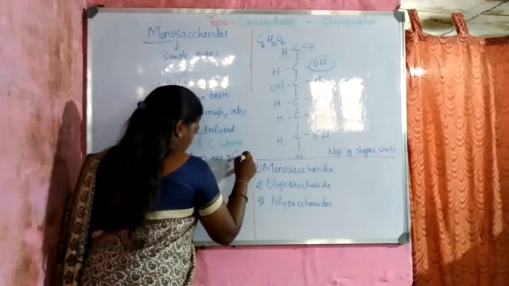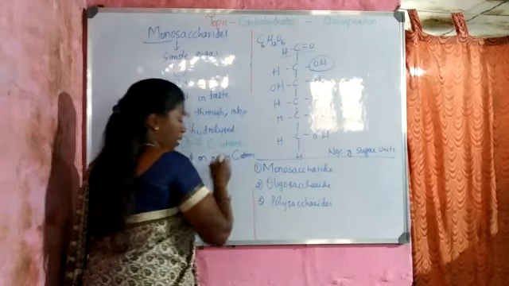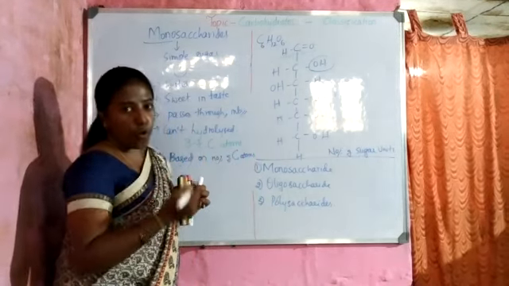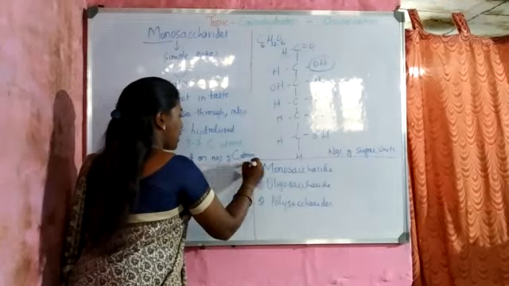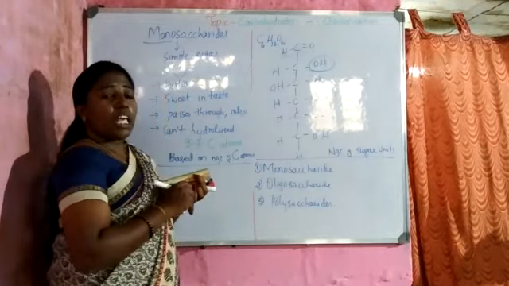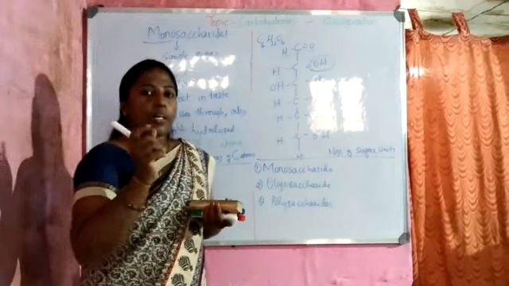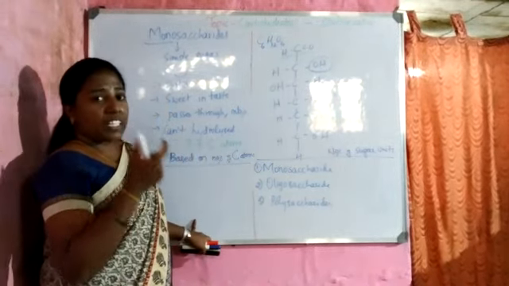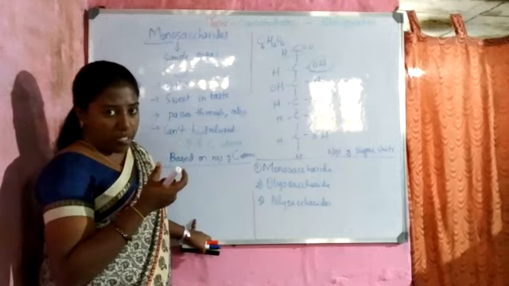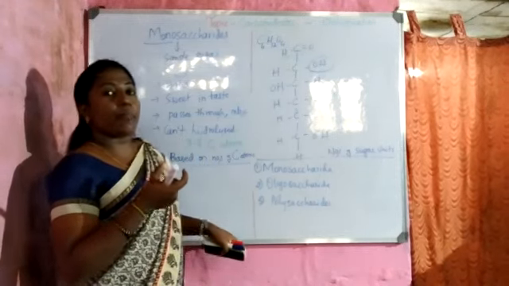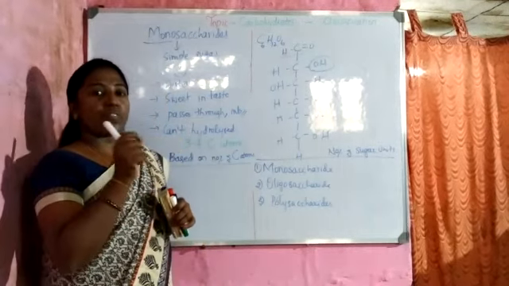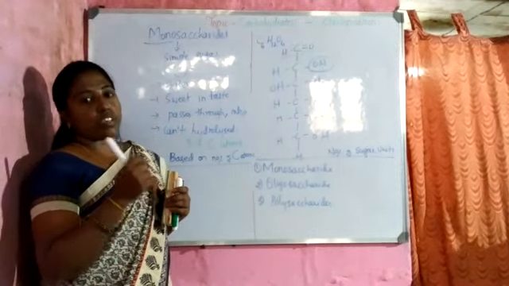Based on carbon atoms, we can divide monosaccharides as follows. So the first one. In this case, the term prefix represents the number of carbon atoms and it will end with O-S-E.